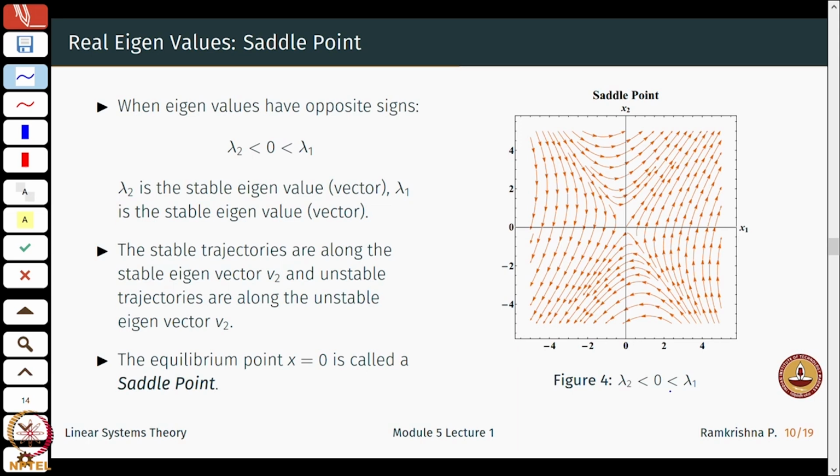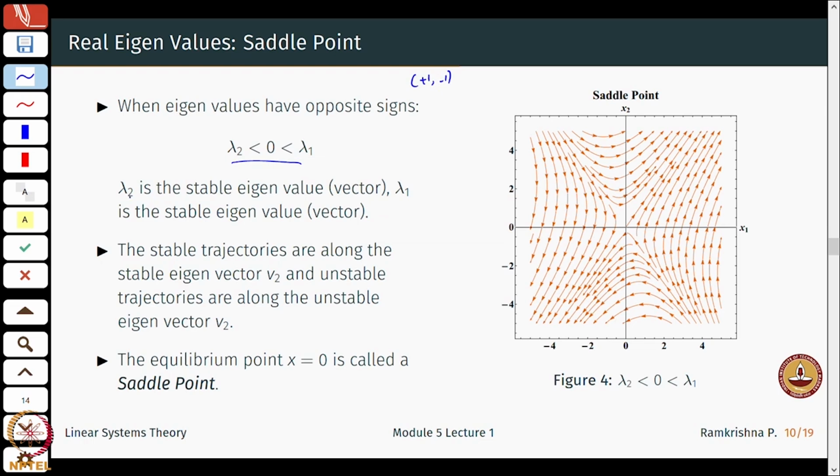An interesting thing happens when we have eigenvalues which are real, but which have opposite signs, say plus 1 and minus 1. Of course, this would correspond to an unstable system.